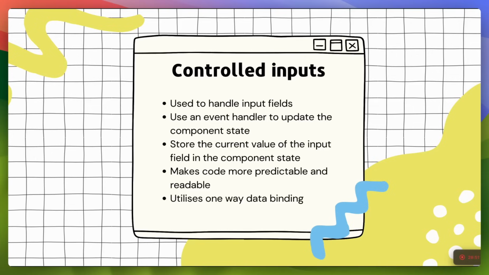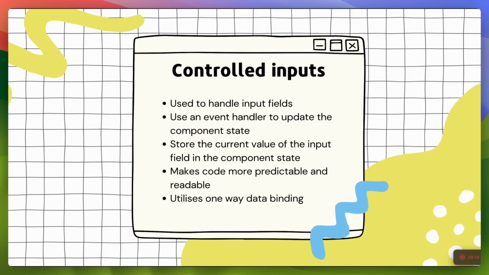But the default input tags that you use in HTML introduce two-way data binding if you use them directly in React. To avoid that, you make those input fields into controlled input fields, and that way you forcibly make those input fields follow one-way data binding.